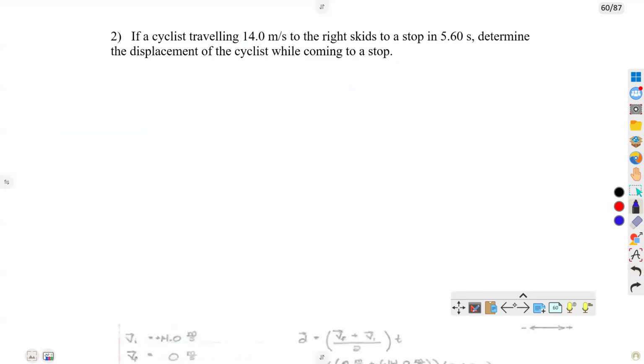Let's do this one. A cyclist is traveling 14 meters per second to the right and skids to a stop in 5.60 seconds. Determine the displacement of the cyclist while coming to a stop. So again, I'm going to bring up our equations.